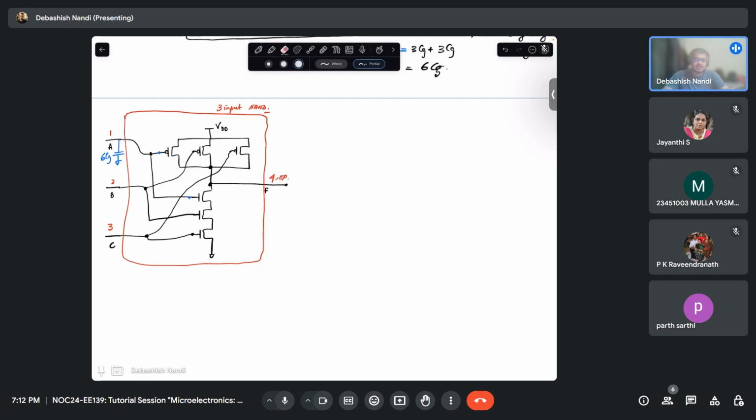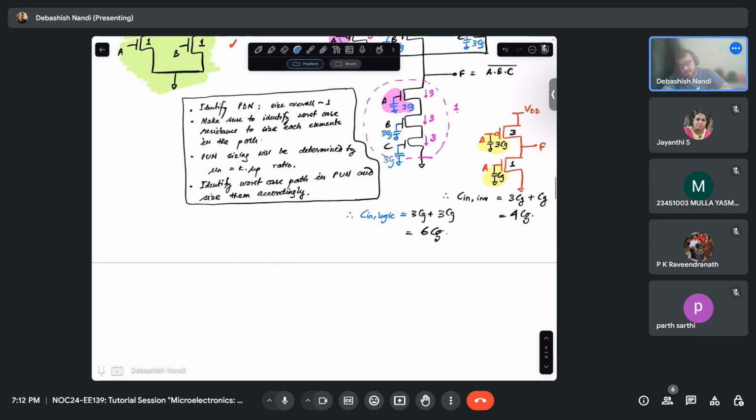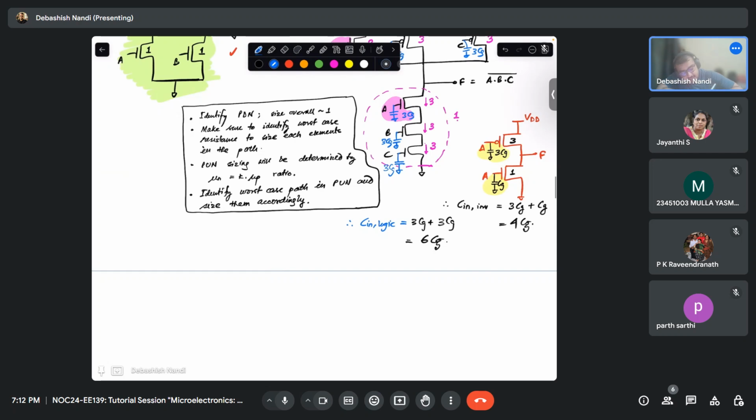Drawing this and this, that's the same thing. Do you see? Yes, sir. So basically that is why your C in logic is 6CG and C in inverter is 4CG.